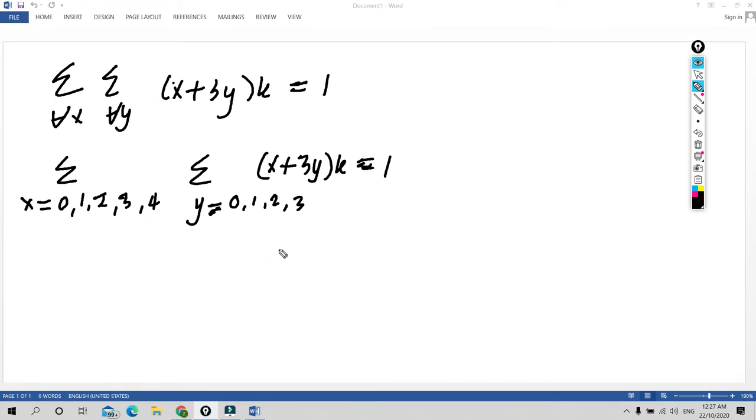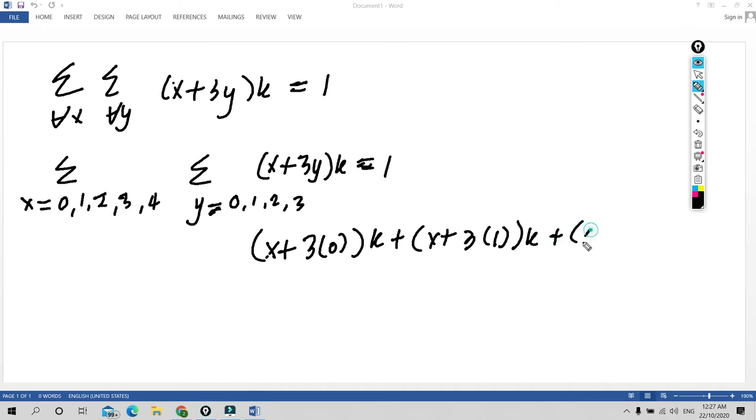So it is (x plus 3 multiplied by 0)k, plus (x plus 3 multiplied by 1)k, plus (x plus 3 multiplied by 2)k, plus (x plus 3 multiplied by 3)k, equal to 1.